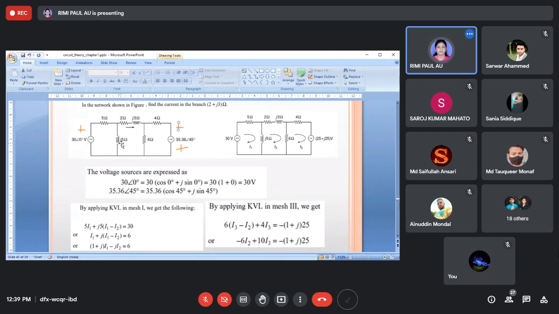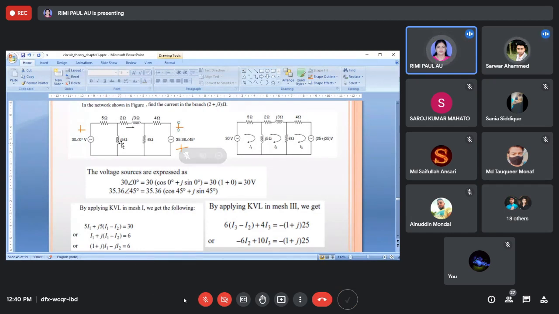Basic electrical. You have solved RLC circuit problems, right? Yes, ma'am. Okay, so you have an idea of active power, reactive power, right? If you know, it is okay. If you don't know, you can also tell me.